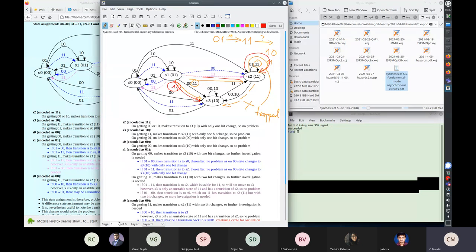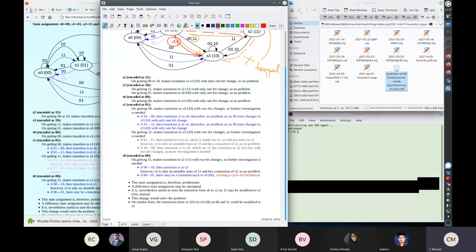Okay, so you don't have this problem for synchronous circuits, but for asynchronous circuits you can have this problem. So that's the problem. All right. We'll not move to S3.